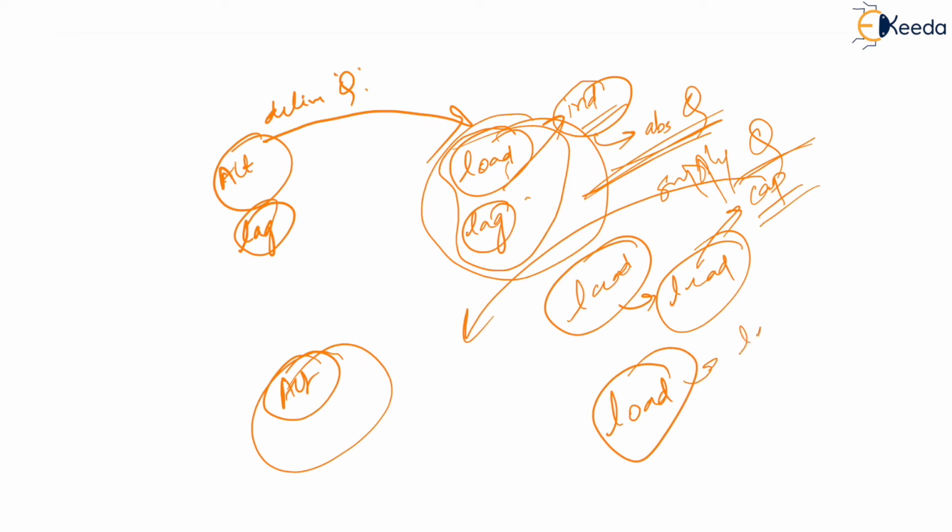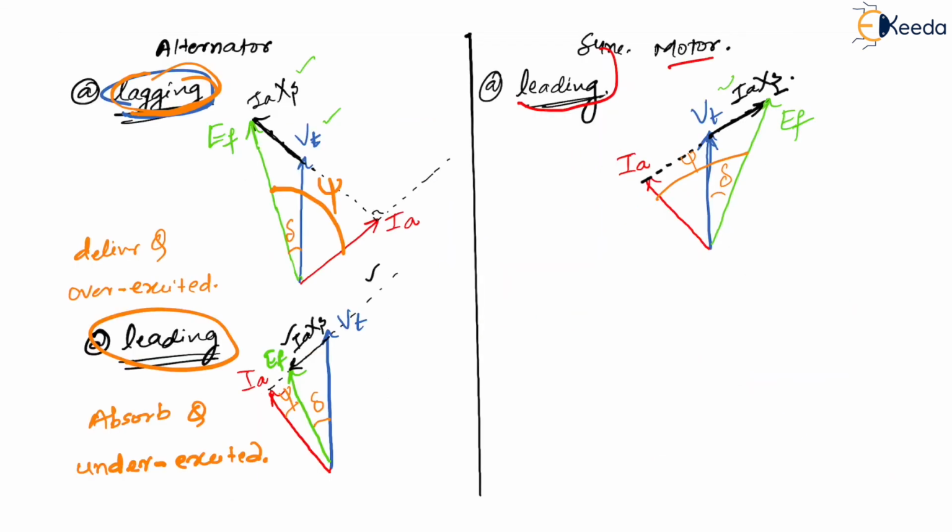If it is operating at leading conditions, it is going to be capacitive dominated. If it is capacitive dominated, then it is going to supply reactive power. So here it is going to deliver reactive power, and we have seen that synchronous machines operating at overexcited conditions will always deliver reactive power. You have seen that already, correct?